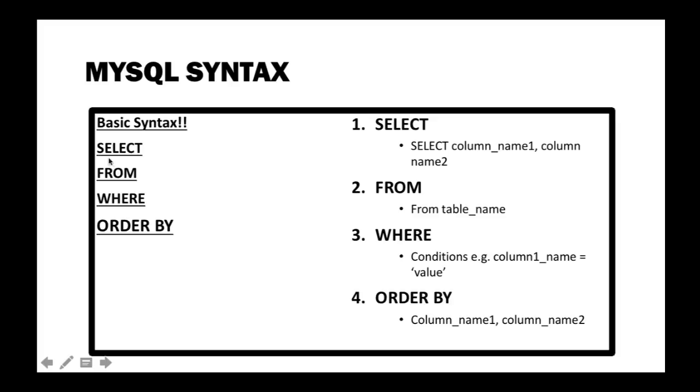You will need the keywords select, from, where, and order by clauses. In every single MySQL statement, you will need the select and from statements. That is mandatory. They must be included in every query execution. But every other clause, a where or order by, etc., any other types of clauses, are all optional.